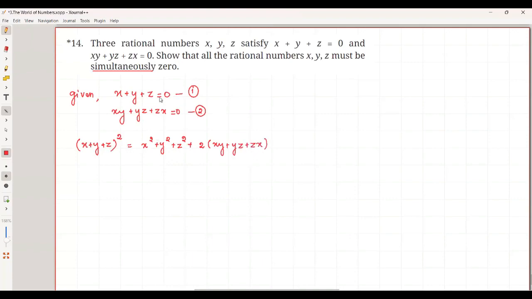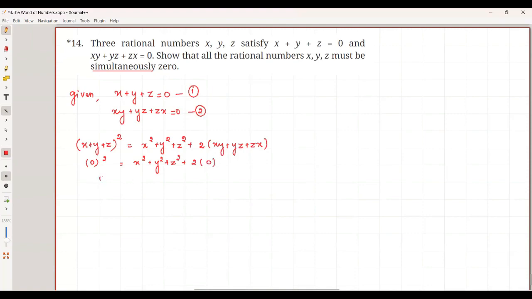Now in the formula, I can substitute the values. Instead of x plus y plus z, I can take 0. So 0 the whole square is equal to x square plus y square plus z square plus 2 into, instead of xy plus yz plus zx, I can take 0, from the second equation.